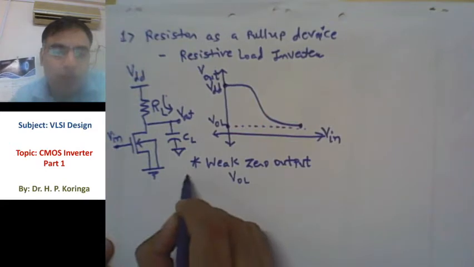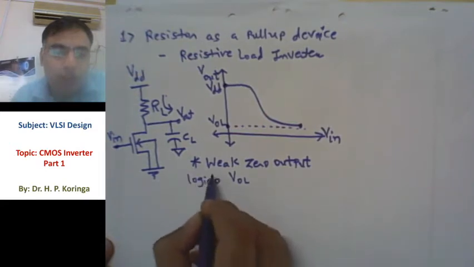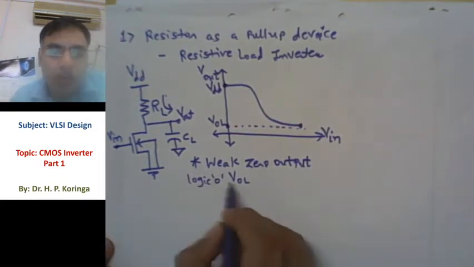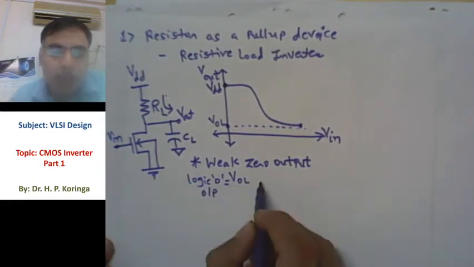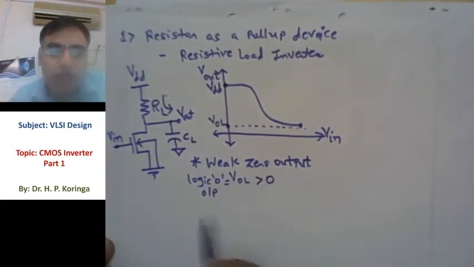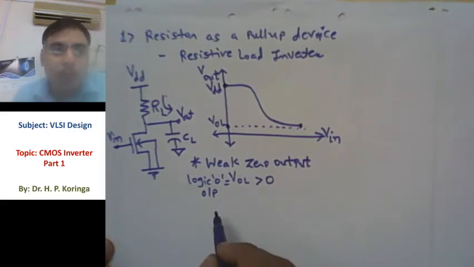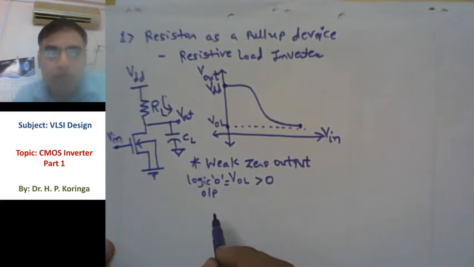So the logic 0 output is V_OL, which is greater than 0. So it is called a weak 0 output, or weak logic 0 output, right? If you get the output as a 0 voltage, then we can say it is a strong logic 0 output.